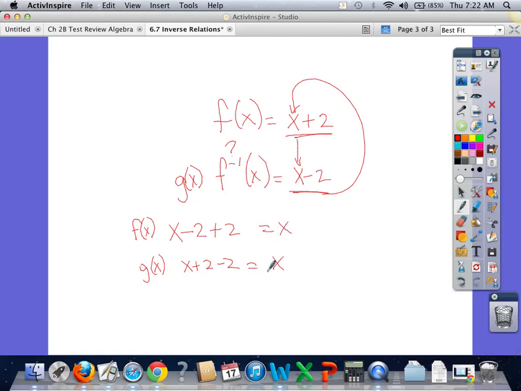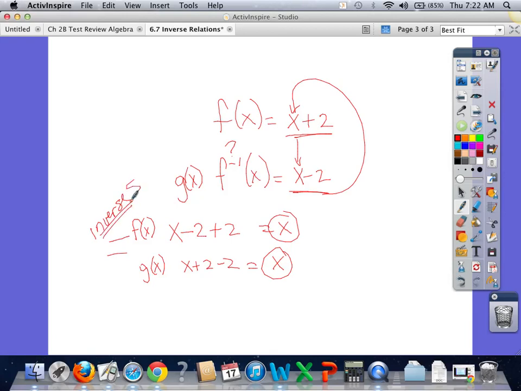So that means that these are inverses of each other. So if they give you two functions, you're going to take one and plug it in the other and get an answer. It should be x, and the other one goes in the other. See which one makes x. They both have to equal x in order to be inverses. That's one way to check.